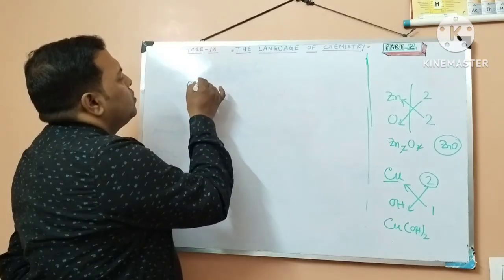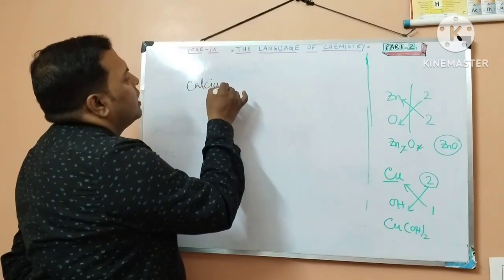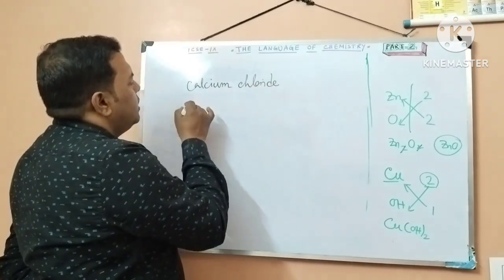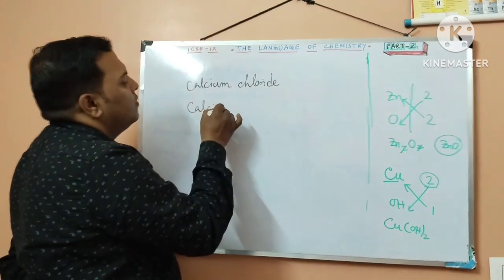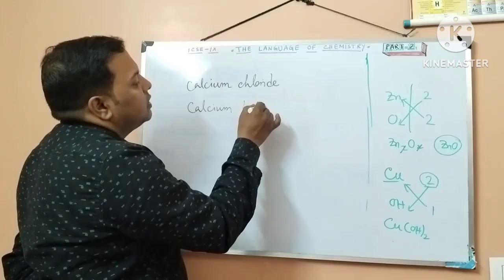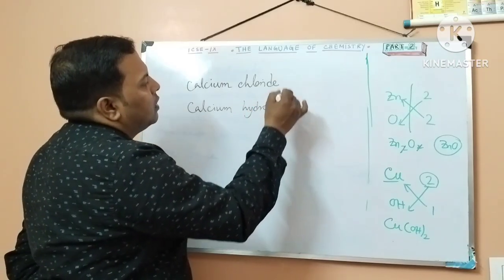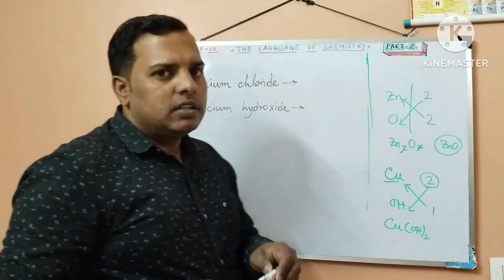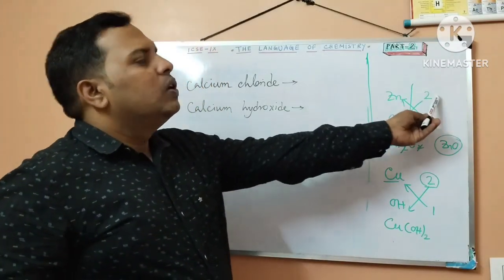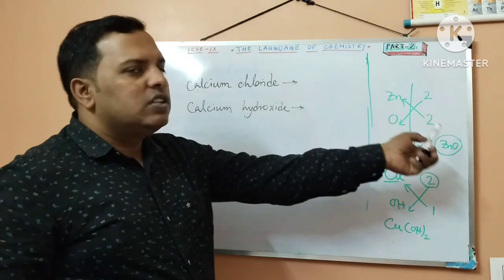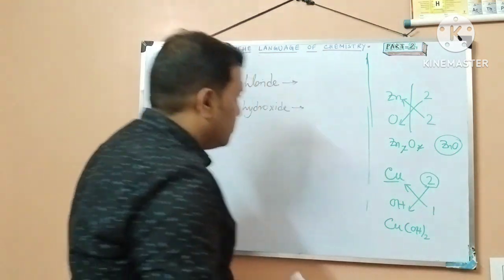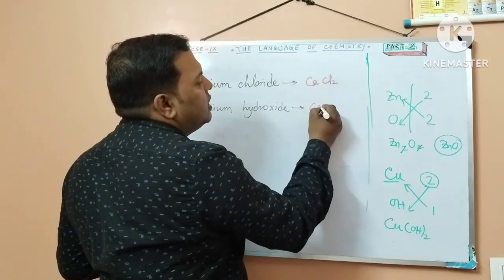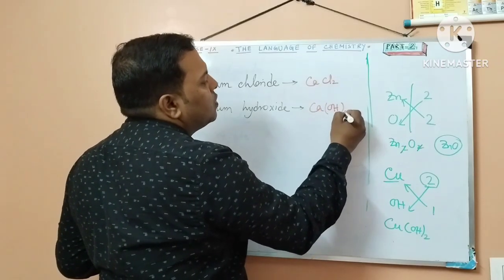If I tell you to write calcium chloride and also I give you calcium hydroxide, I will not show how I am getting the formula because this is your part. You will write in this way: calcium with valency 2, chloride with valency 1, and then you write what you are getting. I will get calcium chloride as CaCl2 and calcium hydroxide I will get Ca(OH)2.